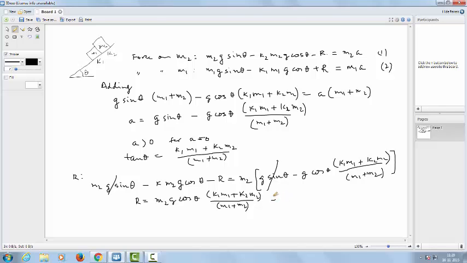This is minus k2 m2 g cosine theta. By simplifying, we get r equal to g cosine theta multiplied by m1 m2 within bracket k1 plus k2, divided by m1 plus m2.